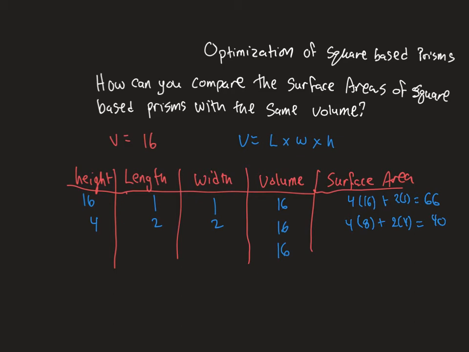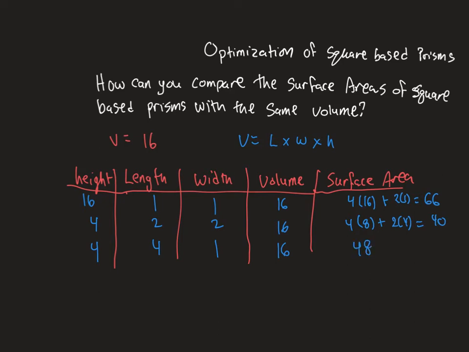Now what happens if I decided to use 4 and 1? Okay. Well, if I used 4 and 1, then this would have to be 4. So when you do your calculation, you're going to get 48.